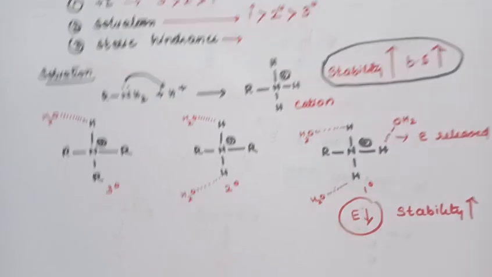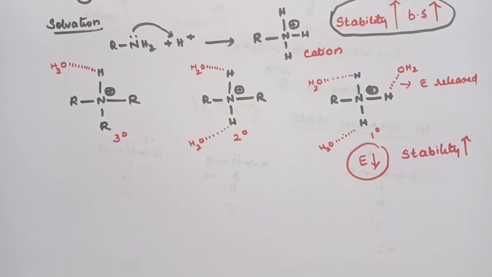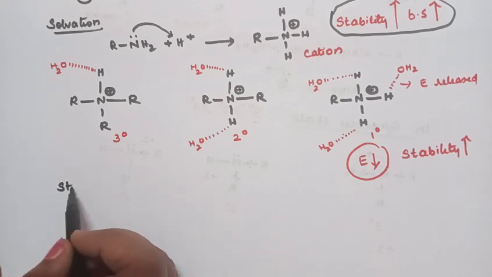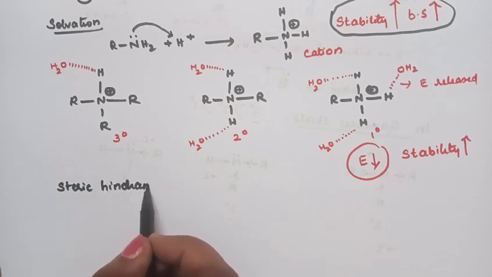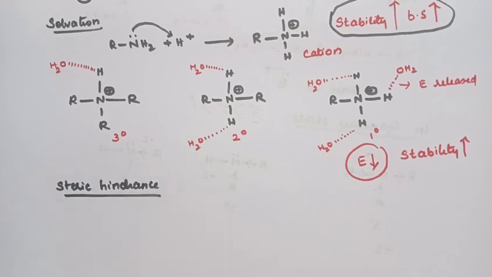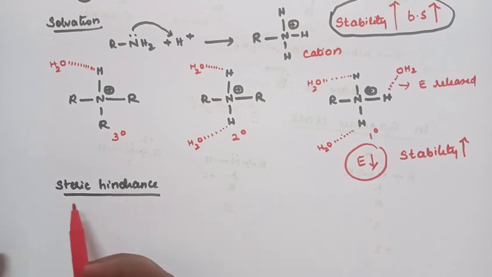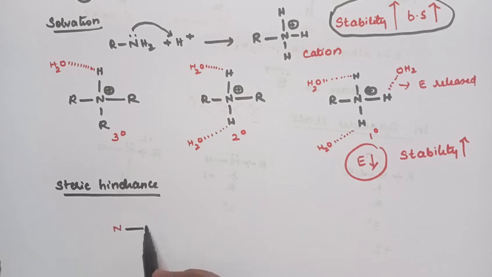Next we will go for steric hindrance. Steric hindrance means overcrowding. Take tertiary amine: nitrogen, R group and R group, and there is a lone pair of electrons.